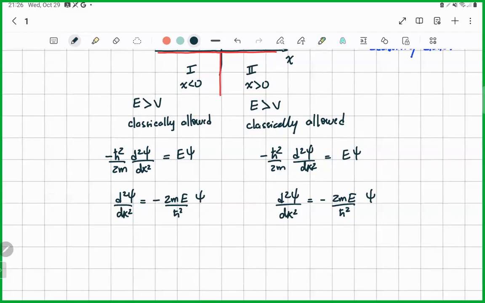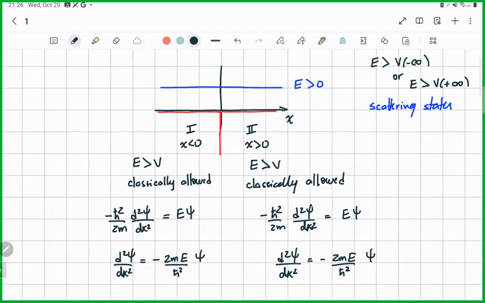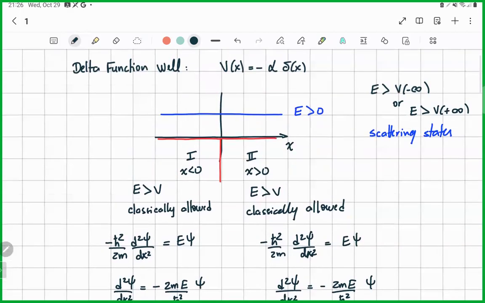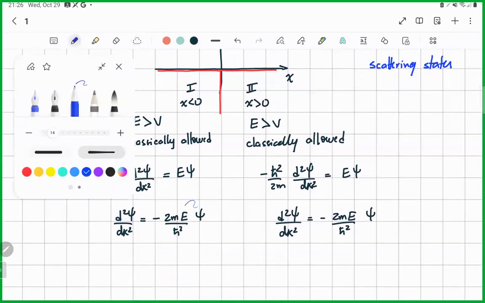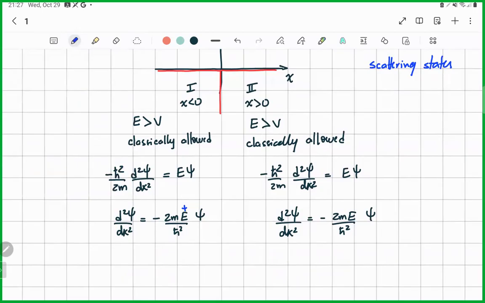What do we know about energy here? We said the energy is positive. That means for my k squared to be positive, I'm going to select all this, not the sign. The negative sign stays out because this whole thing is positive.